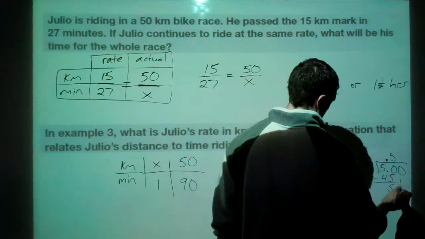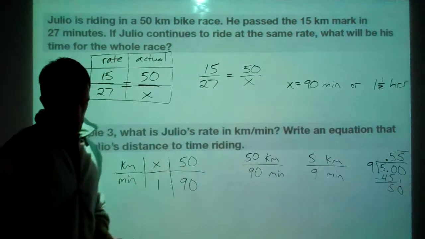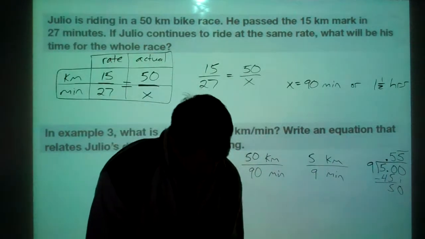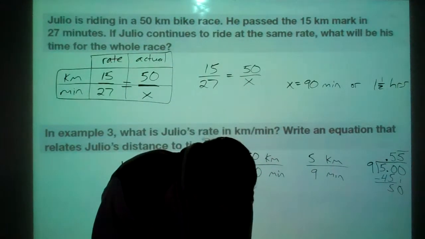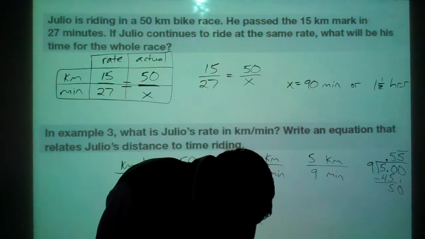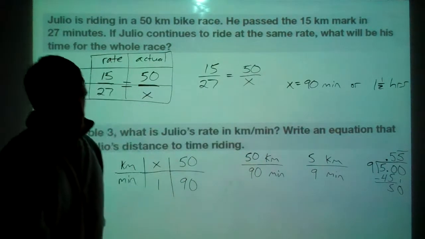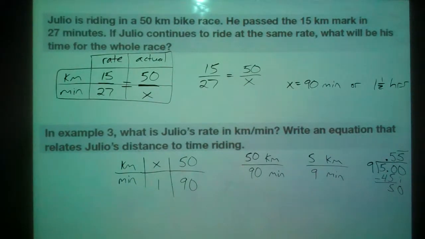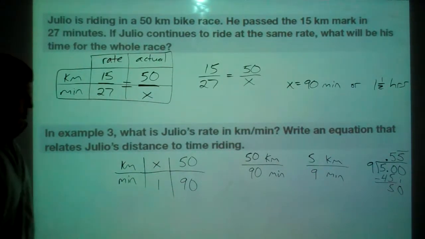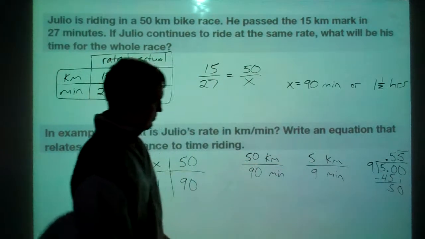Subtract, we're going to bring down a 0. We're going to keep getting 5s there. So, it looks like it's about a little over half a kilometer. Yep. So 5 kilometers in 9 minutes. Okay, so the best way to represent it would probably be 5 kilometers in 9 minutes. Alright.